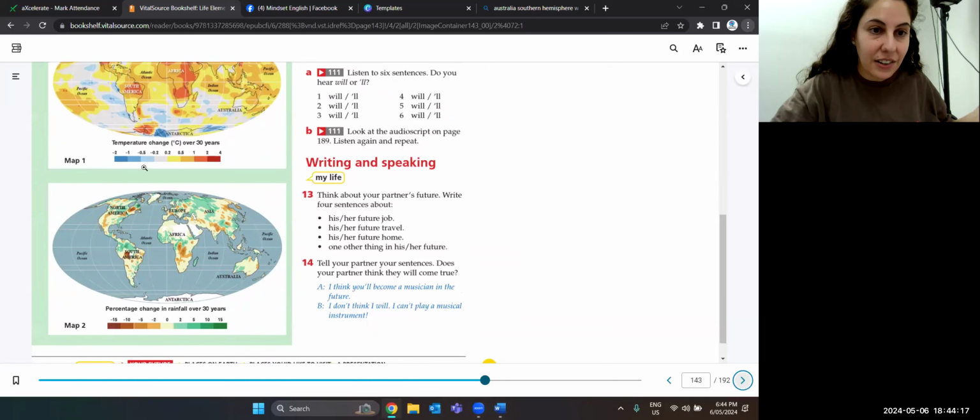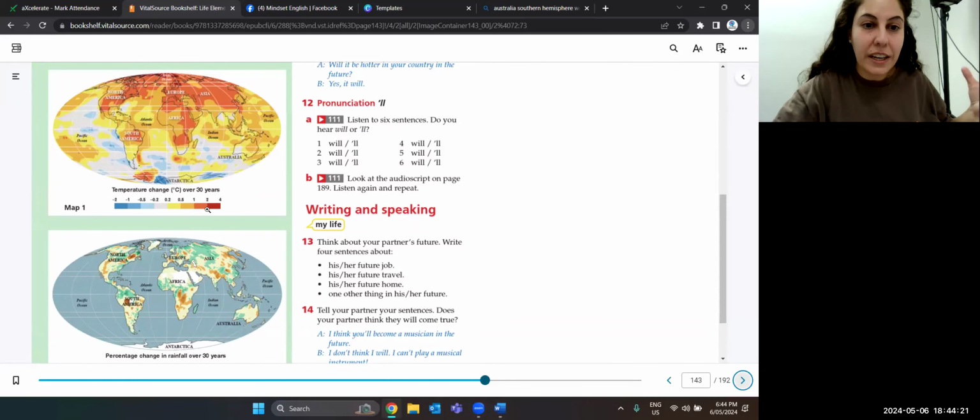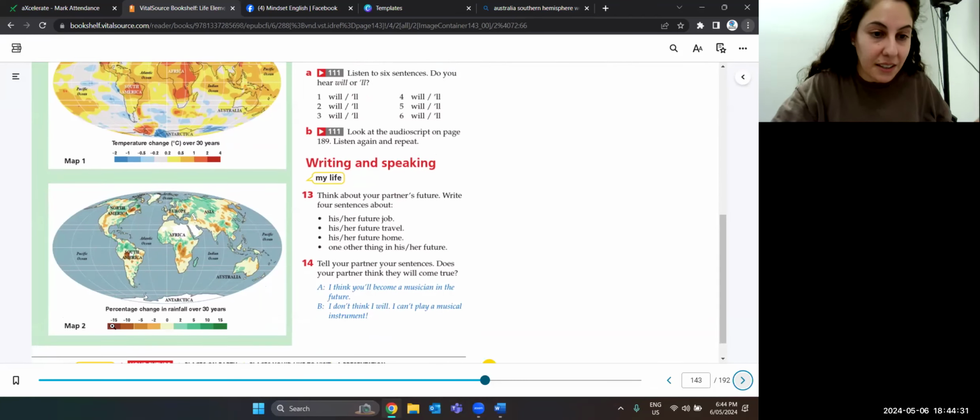You see the color code? That's how we know how to see the change in the temperature. So blue is really cold, -2, to hot, 4 degrees. And for the rainfall, -15 for less rain, and then 15 in the green color.